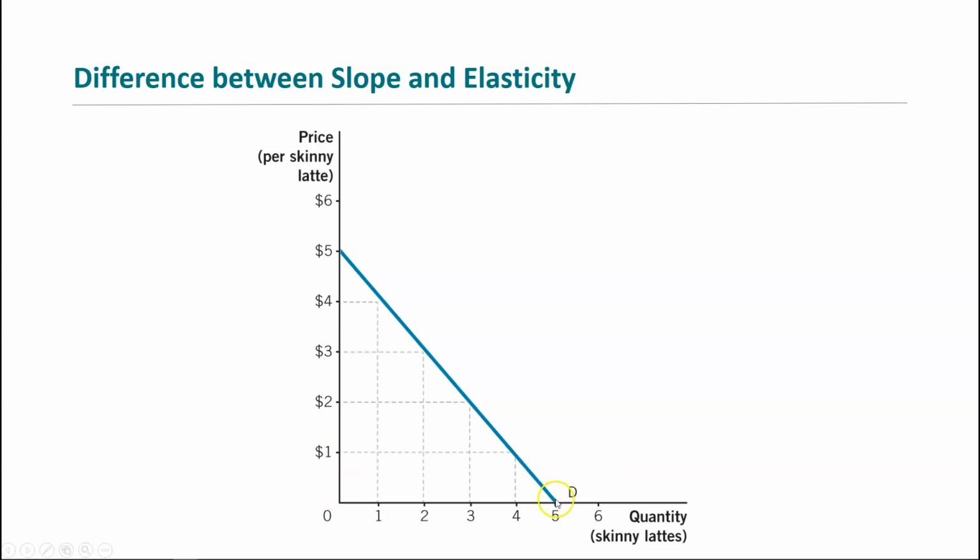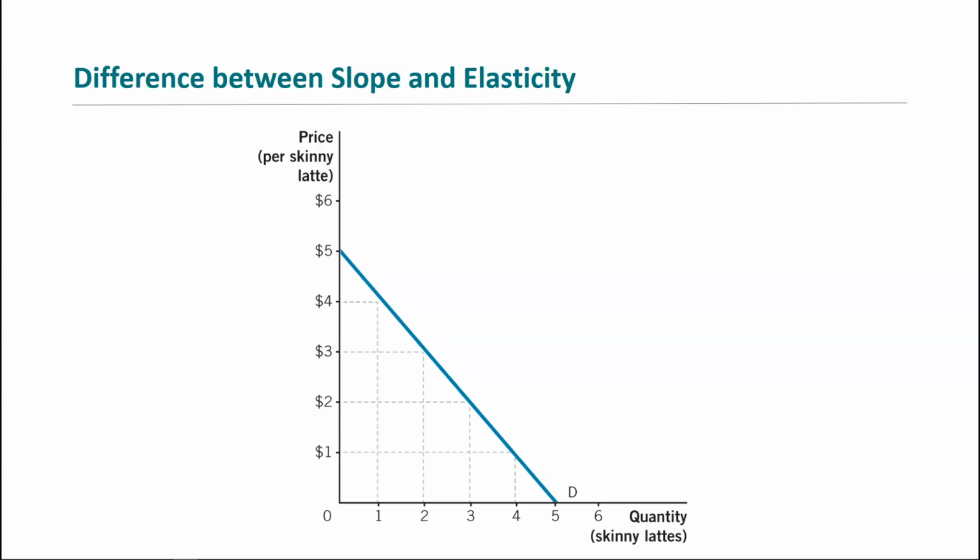So if you move from $1 to $0, again, just a change of 1, so the slope is the same, but the midpoint between 1 and 0 is 0.5. So now you'll have 1 divided by 0.5 versus 1 divided by 4.5. Different number. Different percentage change, right? And that's the sort of mathematical reason that the elasticity is different at different points along the same line, even though the slope is the same at every point along the same line.